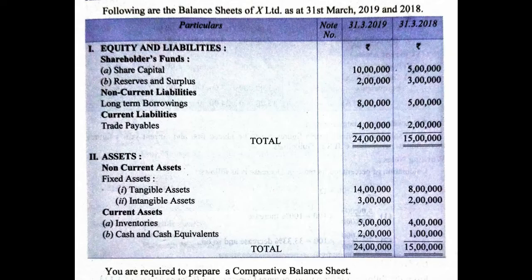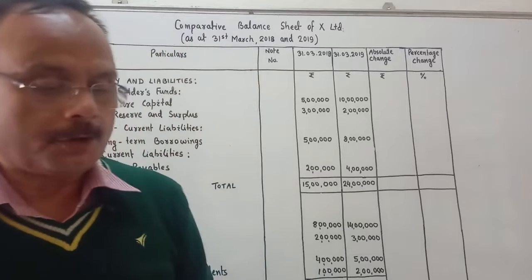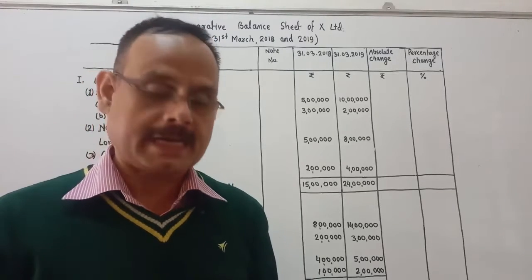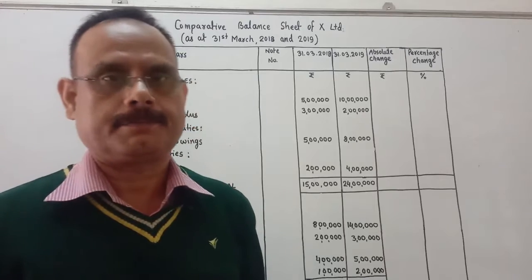First question is: following are the balance sheets of X Limited as at 31st March 2019 and 2018.